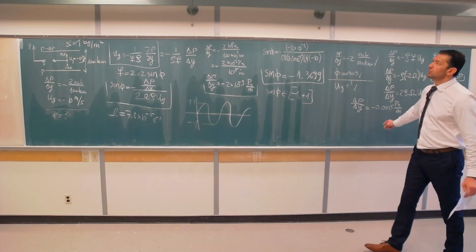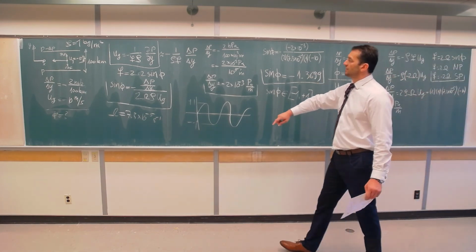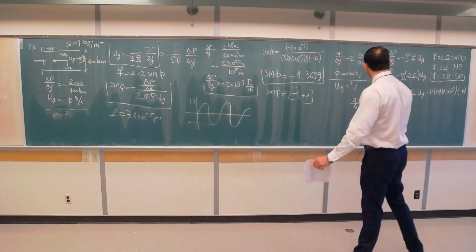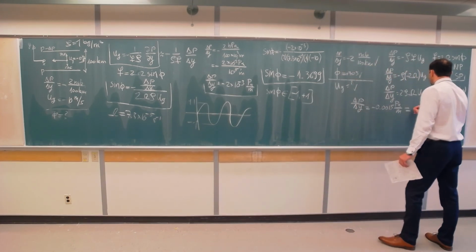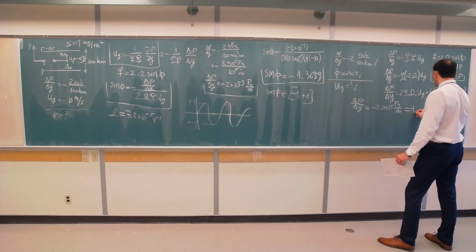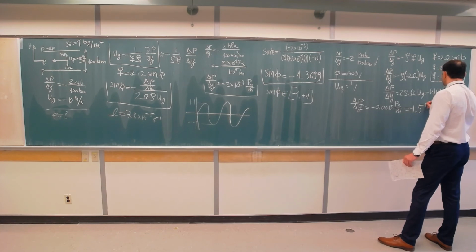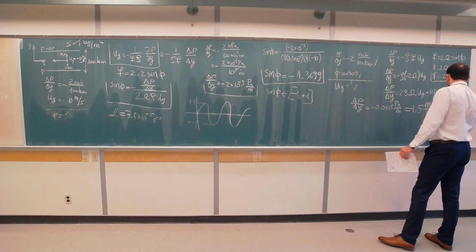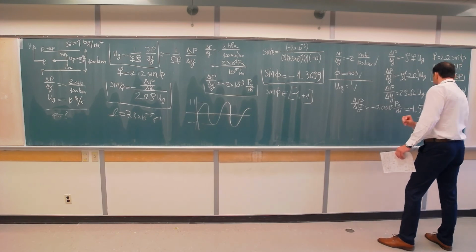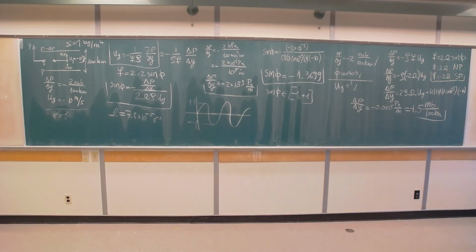But of course, we want to express this again as millibar per 100 kilometers. And this would be minus 1.5 millibar or hectopascal per 100 kilometers. Okay? And this has to be over the South Pole, close to South Pole, because we used F negative 2 omega.